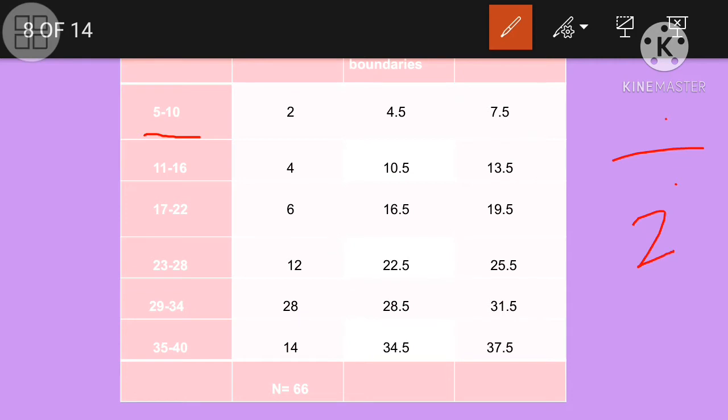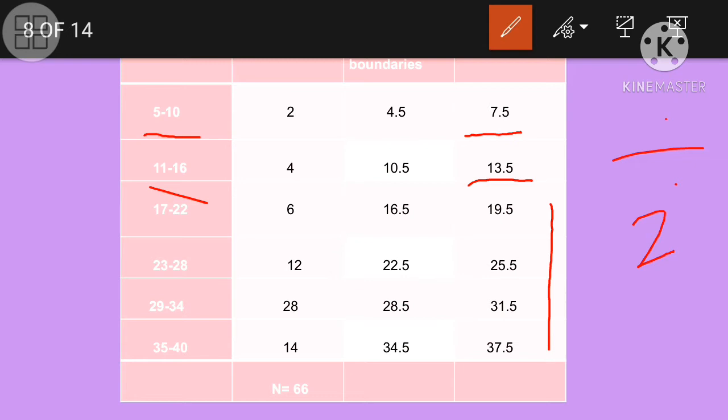Start. 5 plus 10 is equal to 15, divided by 2 is equal to 7.5. 11 plus 16 divided by 2 is equal to 13.5. Just like the others.